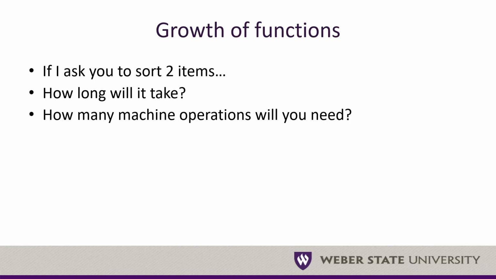To draw this, let's say that I've got 5 operations per pixel. How many operations do I need? A lot. I've got over 1 million operations for that. If I do the same thing down here, I've now got 40 million operations.